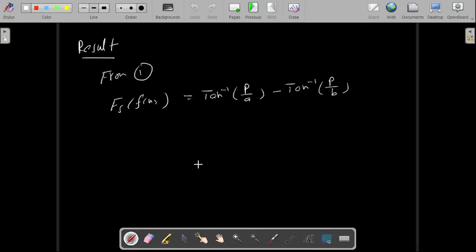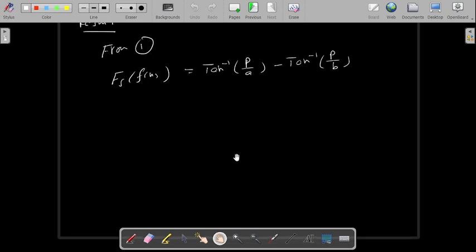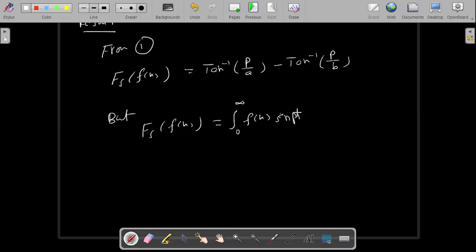So now what are we doing? What is the formula of Fourier sine transform of f of x? We already wrote it at the start. What is the formula? Integral 0 to infinity f of x sine px into dx. By definition this is the formula.